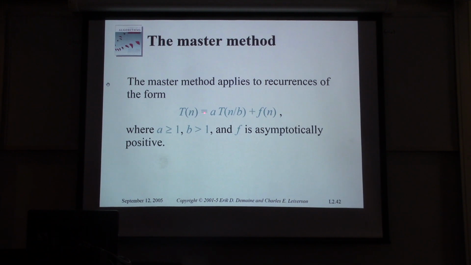If A was 2, that means that recursion of T of n would be implemented with 2 times T of n over b, which means you would have an n over b and another T of n over b, which means you would have 2 branches. So if A was 2 and b was 2, level 0 would be f of n, and level 1 would be f of n over 2, and then another one would be f of n over 2. And then level 2 would look like how many branches? 4. Each of them being f of n over 4.